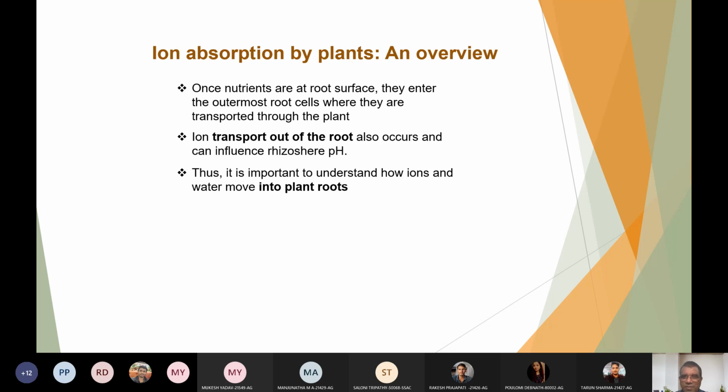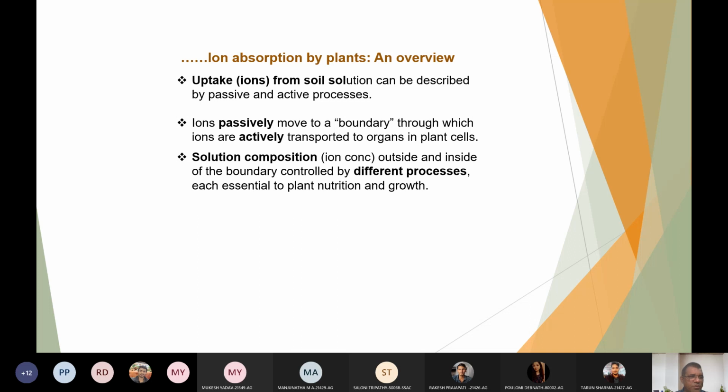Water absorption, you understand the different theories of water absorption. Similarly, in case of nutrient absorption, we have different theories, and different theories or mechanisms work under different conditions. It is not possible that all mechanisms will happen in one type of plant irrespective of the soil or climatic conditions. So now you can see uptake from soil solution can be described by passive and active processes. Uptake means just entry of molecules or ions into the plant.